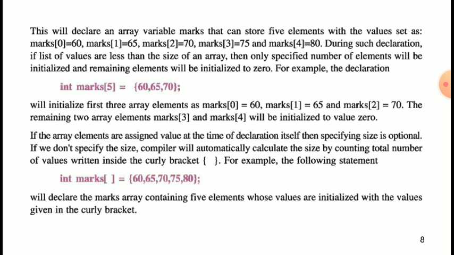For example, the following statement int marks[] equals to 60, 65, 70, 75 and 80 will declare the marks array containing 5 elements whose values are initialized with the values given in the curly brackets.